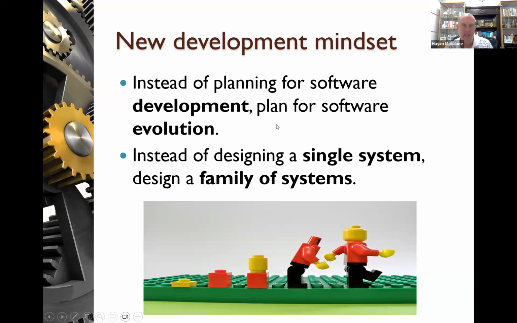We know that during the existence of our system, if it is being used, there will be many instances, many versions. All these versions of the system together are a family of systems. So it's a new mindset.